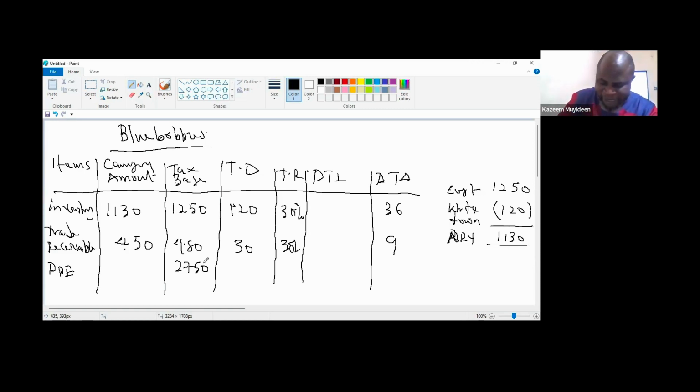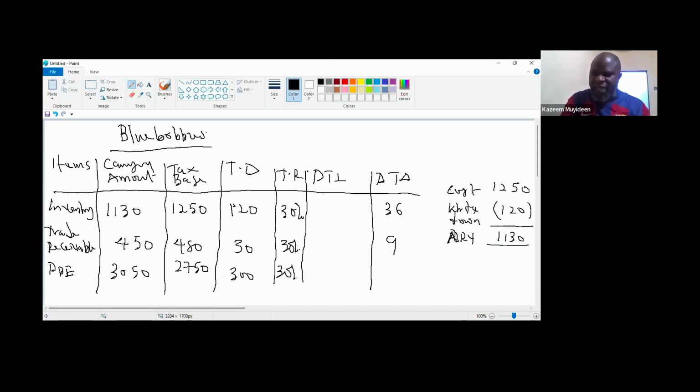You have said this is the carrying amount. The account is being prepared at the end of the year. So I will just say 3050. Has it created a temporary difference? Yes. I think that is 300. Tax rate of 30%.